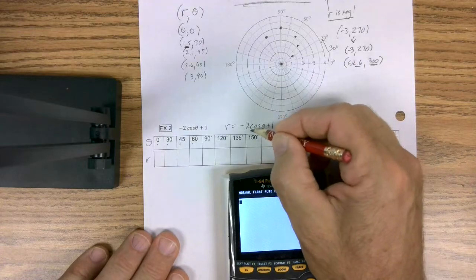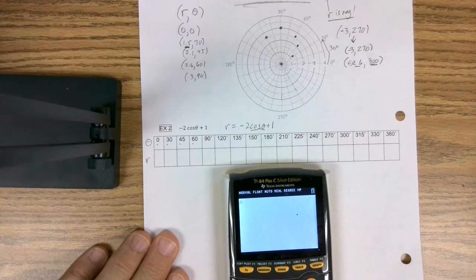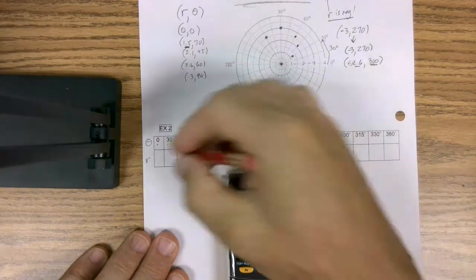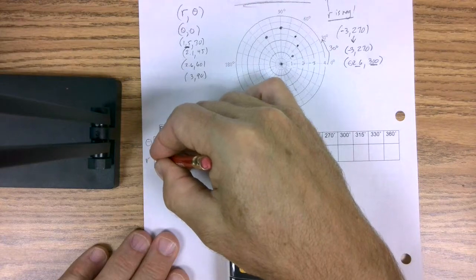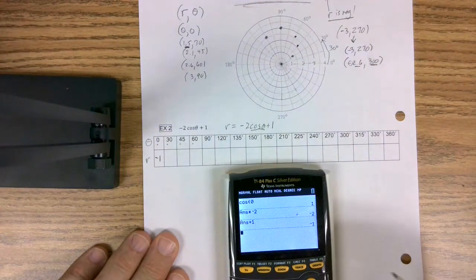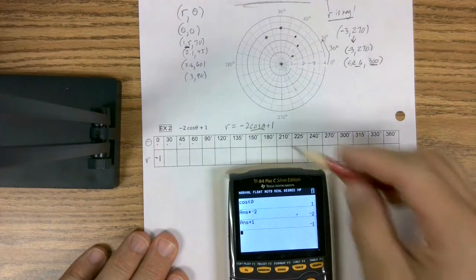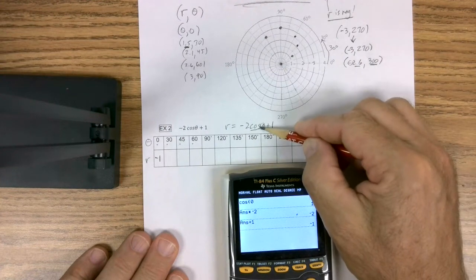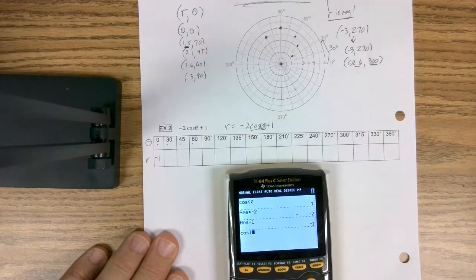So we got cosine of 0, and then we're going to multiply that by, so cosine of 0 is 1. Times negative 2 is negative 2, plus 1 gives us our negative 1. Now you could do this mentally if you wanted to, but I'm just showing you every little step. So now I got to take cosine of 30.